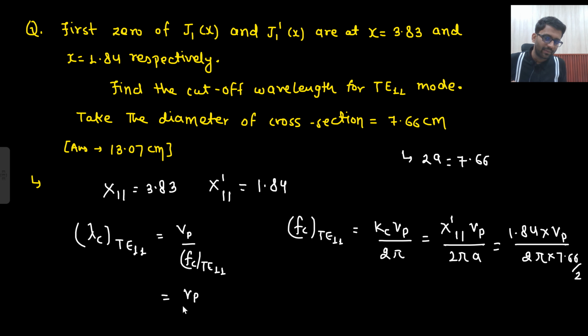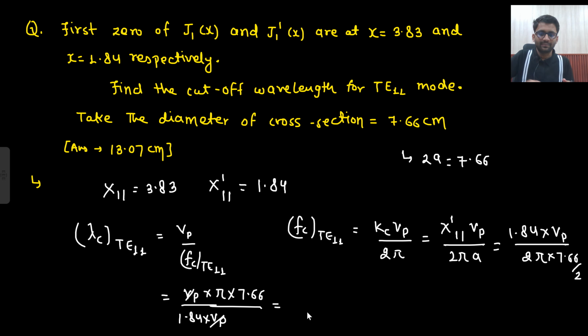Lambda c will be Vp divided by Fc of TE11, which is 1.84 into Vp divided by 2 pi into 7.66 over 2. Right? So 2 and 2 get cancelled, pi into 7.66. Here Vp and Vp also get cancelled. So what is the answer you are getting?